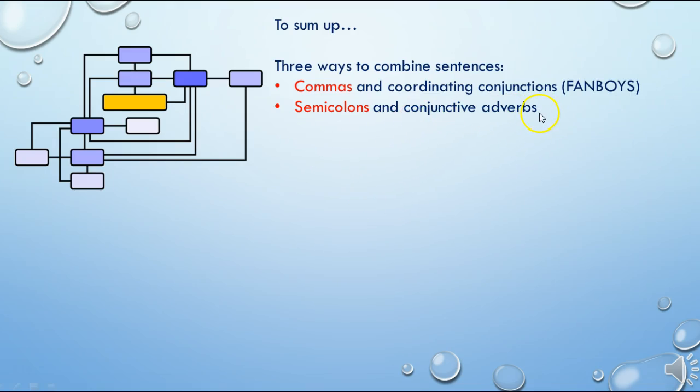And these are again words like otherwise, similarly, however, thus, therefore, consequently. Conjunctive adverbs that show the relationship between the ideas. And again, you don't have to use a conjunctive adverb just because you use a semicolon. But if you do have a conjunctive adverb, it goes with a semicolon. And then the third way is to use colons for greater emphasis and for introducing quotations.